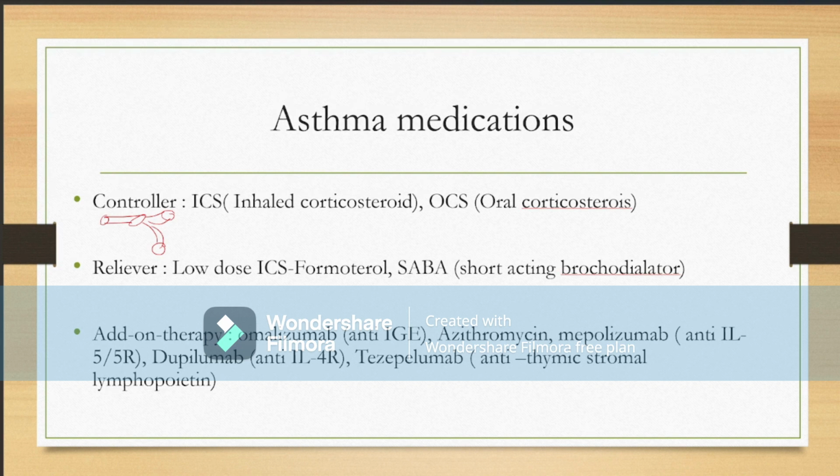To decrease the mediators and the inflammation, we have to give inhaled corticosteroid or oral corticosteroid. So inhaled corticosteroid is given to decrease the mediator release and also decrease the inflammation. So this is the main drug for asthma control management.